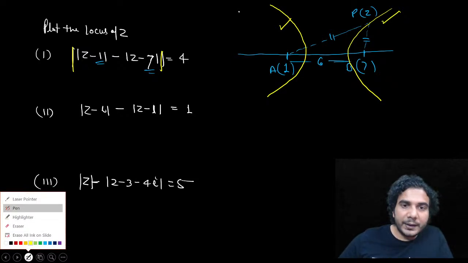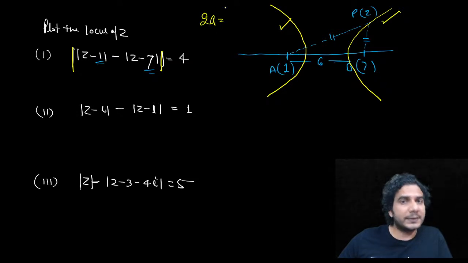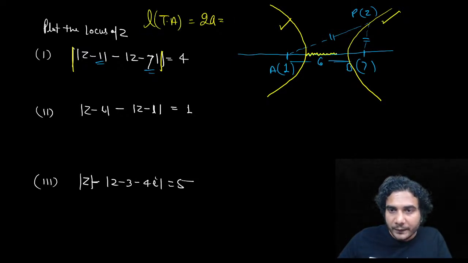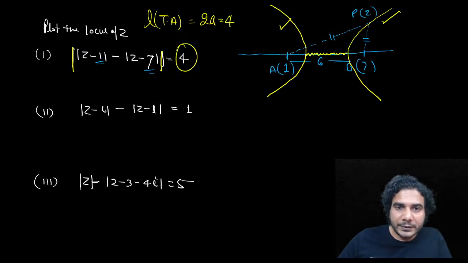All right, and also the length of the transverse axis, 2a, with standard notations of a standard hyperbola. So I'm taking 2a as the transverse axis. So the length of the transverse axis 2a is equal to this distance, which is the difference of distances, 4, like in the equation of an ellipse.